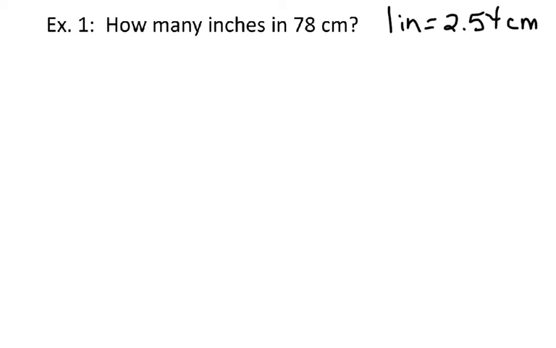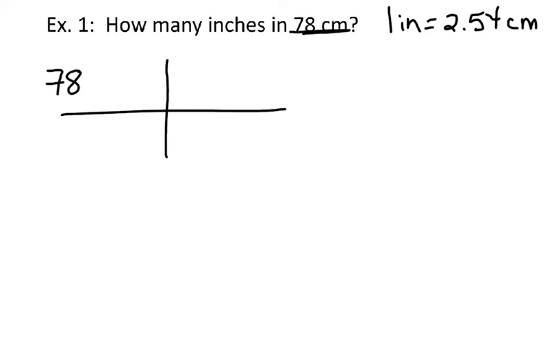Okay, now we're going to use that in our picket fence. Just like we did with the metric units, we write our picket, a line with one line down. In the left-hand top box, we put in what we're given. Well, we're given 78 centimeters. Now, we need to get rid of the unit centimeters. We have to somehow cancel it out. Just remember, if you divide something by itself, it becomes 1 or cancels out.